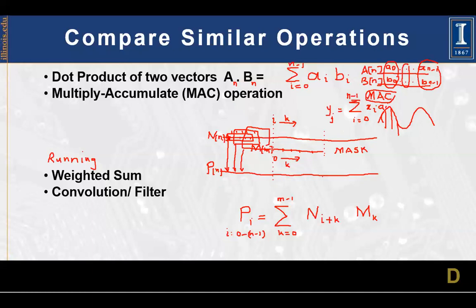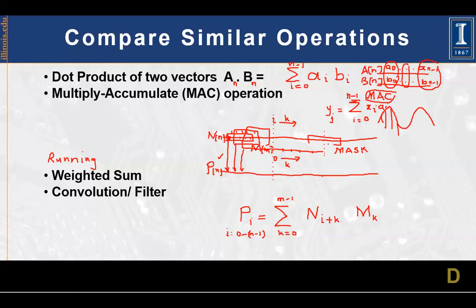In that case, our one calculation which I showed here, the ith calculation of output, will correspond to input N. At any time we may be located, let's say this window keeps sliding and comes here.